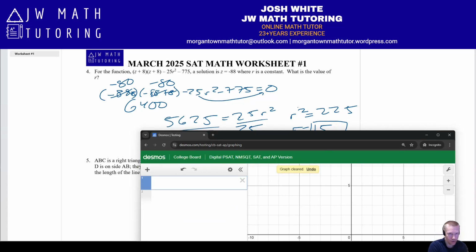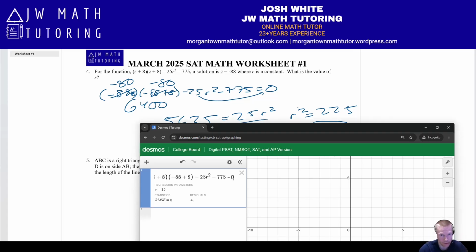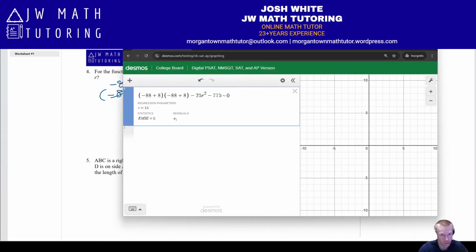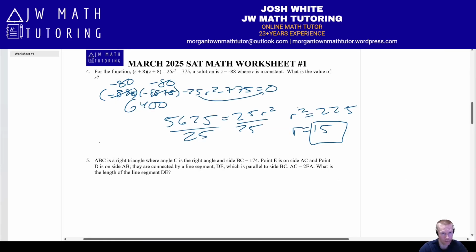Basically, all you have to do is replace the z's with the negative 88, put in an r, and then do regression and set this equal to 0 because it tells you that that number is a solution. And then right here you can see you just get r equals 15, and that's your correct answer. So again, all the work for this, you can just do in Desmos as regression.